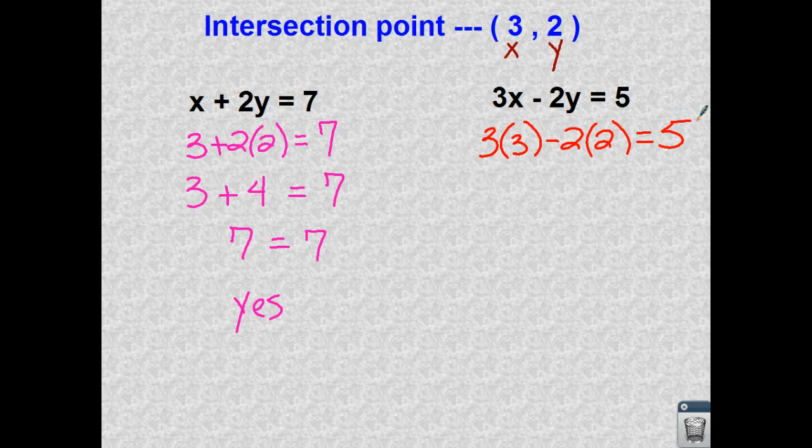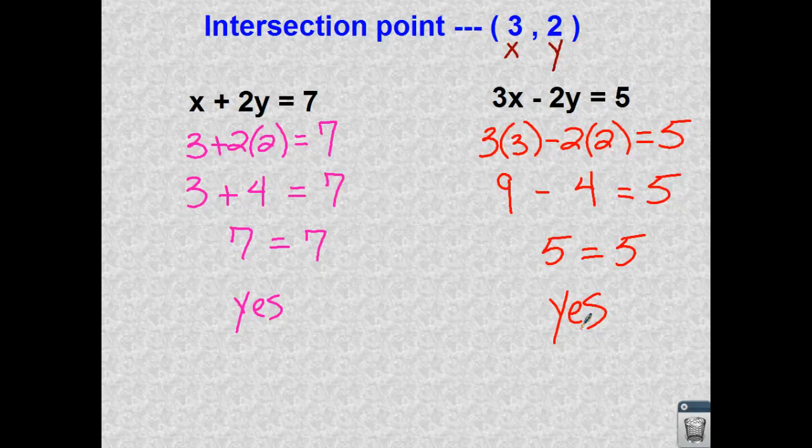And let's do our order of operations. 3 times 3 is 9. 2 times 2 is 4. It says that we're subtracting them. And we have 5 equaling 5. So that ordered pair does satisfy the second equation, which means it is a solution. They both share it. So it checked out.